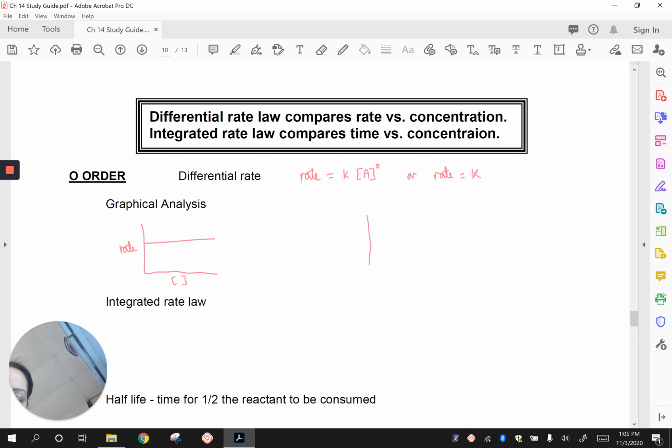If you were to graph concentration versus time, it would look like this, with the slope being equal to -k.